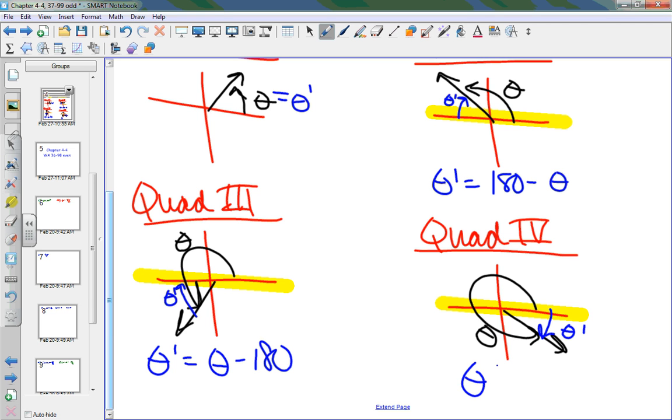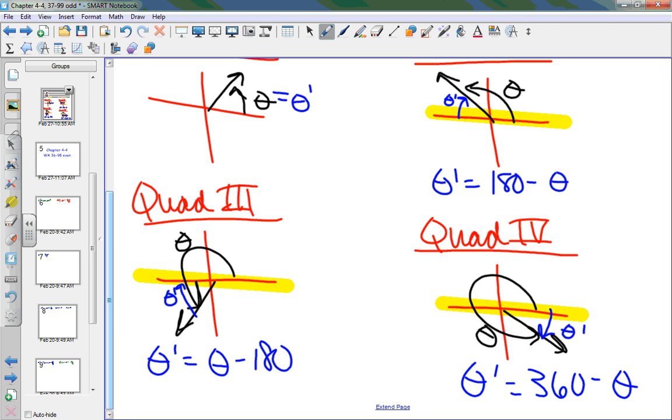And how do I find theta prime? Can't use 270 because that's the vertical axis. Horizontal axis. Is this where I use 360? Uh-huh. 360 minus theta? Uh-huh. 360 minus theta is correct.